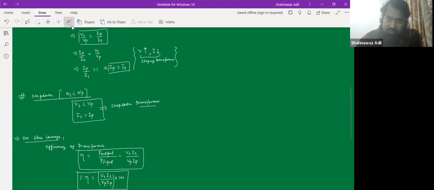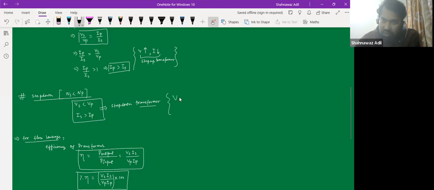In a step down transformer, we are decreasing the voltage and increasing the current. That is the step down.